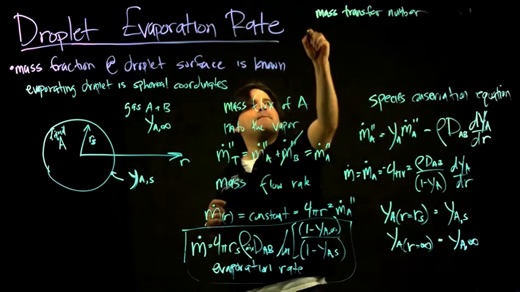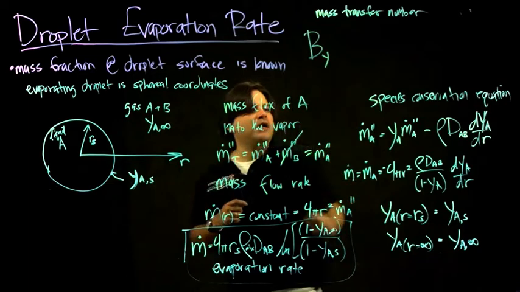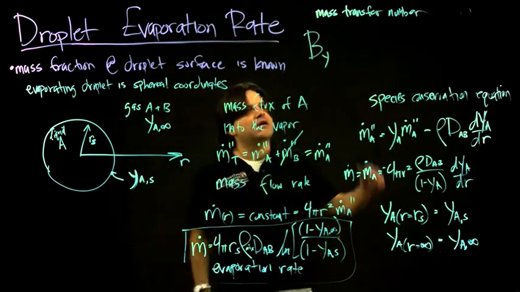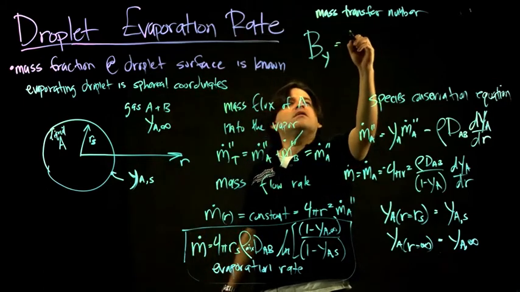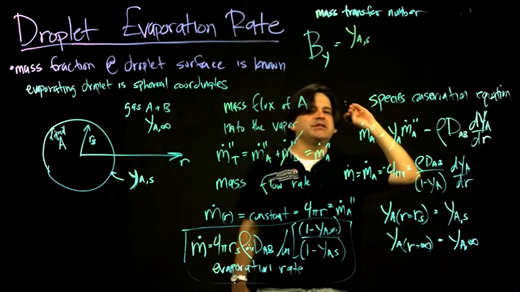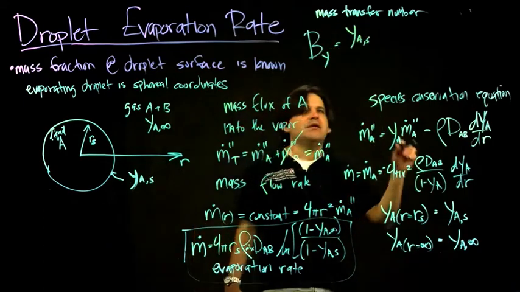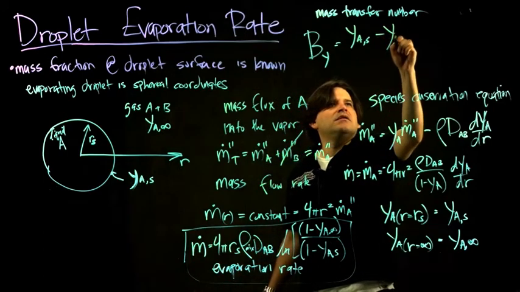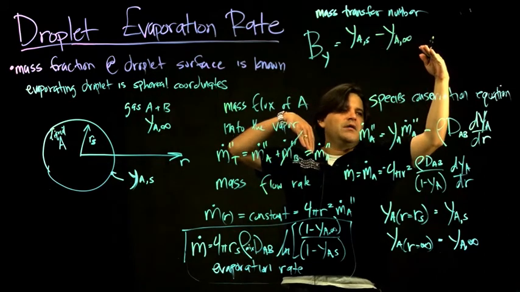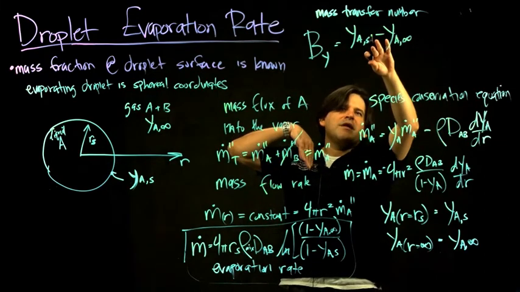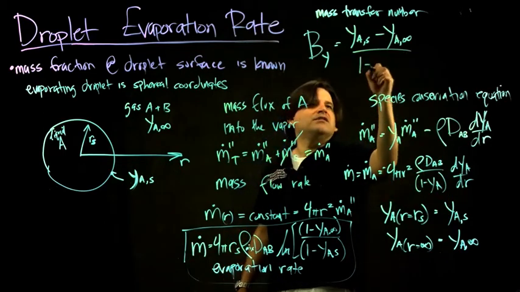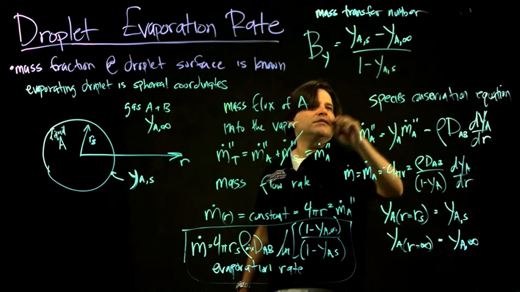Let's call it B. Some mass transfer number as a function of the mass fraction as being the difference between the source of the mass, which is the mass fraction at the surface, minus the far stream mass fraction. So if this is driven by mass transfer, that would be related to the gradient, normalized by this surface concentration.